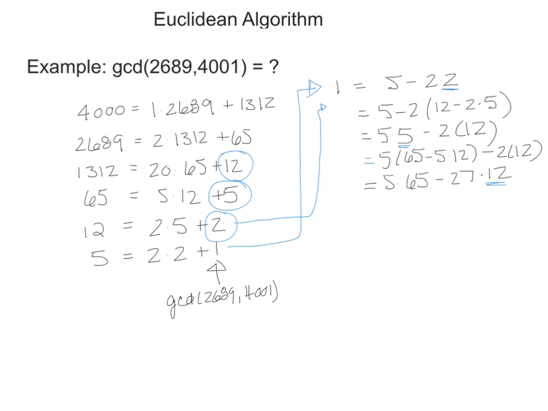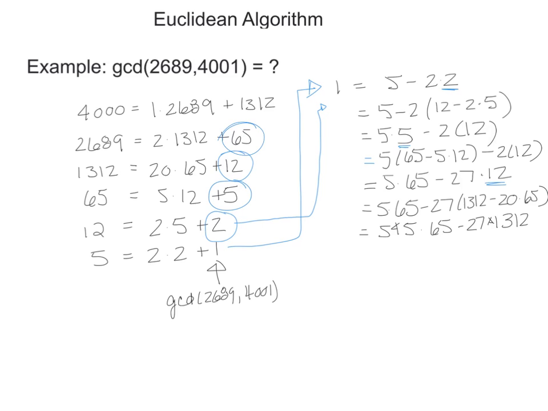So that'll give me 5 times 65 minus 27 times 1312 minus 20 times 65. And now again, I'm going to group my 65s together, and I'm going to get 545 times 65 minus 27 times 1,312.